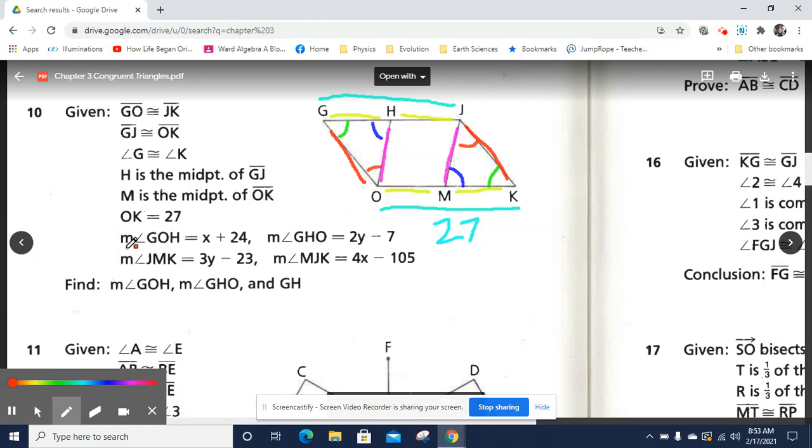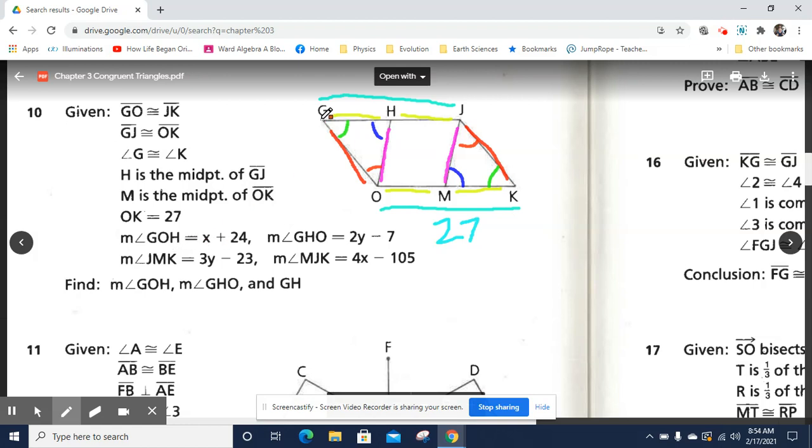Let's look at this: the measure of GOH is x plus 24. To figure out what that's going to be, it would be really useful to figure out some other angle that's congruent to GOH and see if it's in terms of x as well.